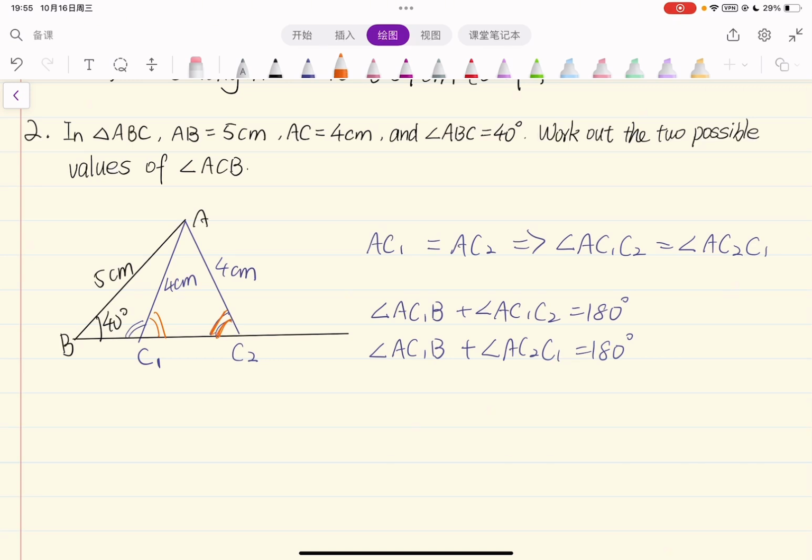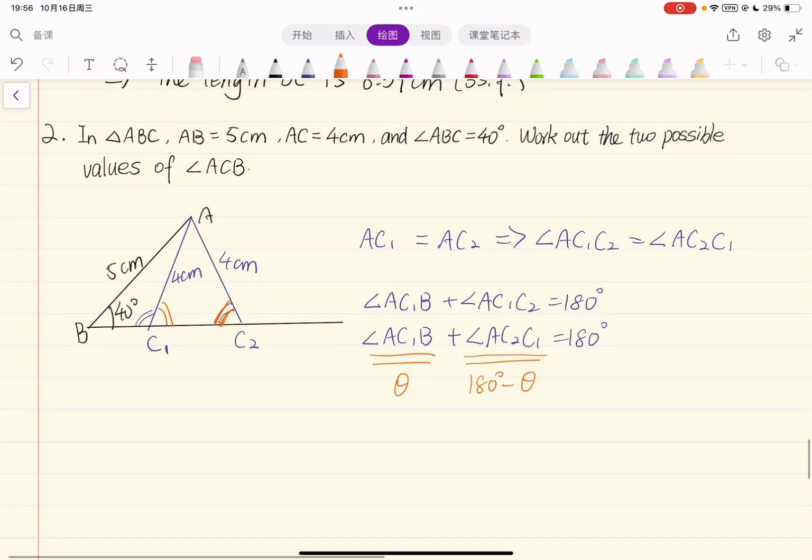Now let us say the angle AC1B we call theta. So the angle AC2C1 is 180 minus theta. Here we can find two different angles. Thus, you need to be aware of that.